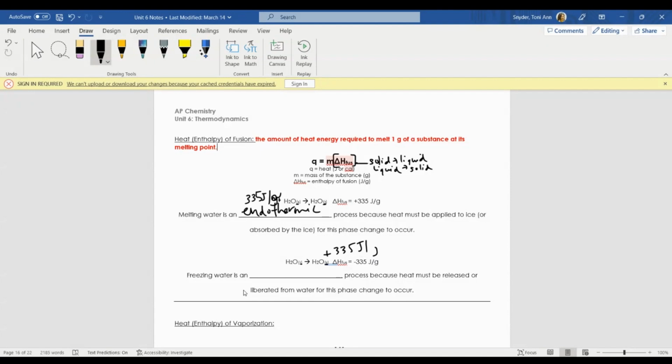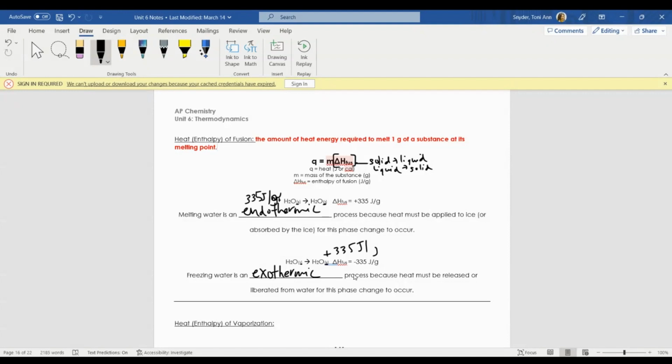So freezing water is an example of an exothermic process, because heat must be released in order for this reaction to occur. This is how we would calculate enthalpy of fusion, or how much heat is required to melt or to solidify something. We would use this equation here.